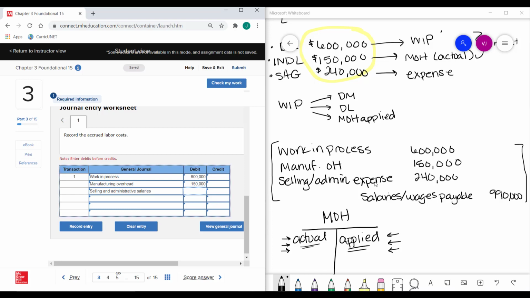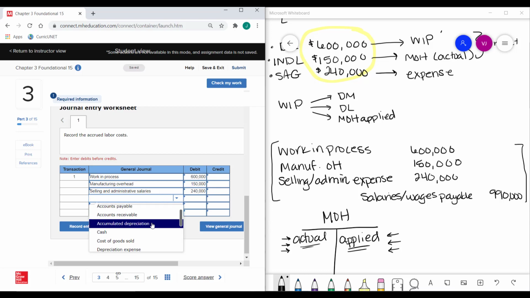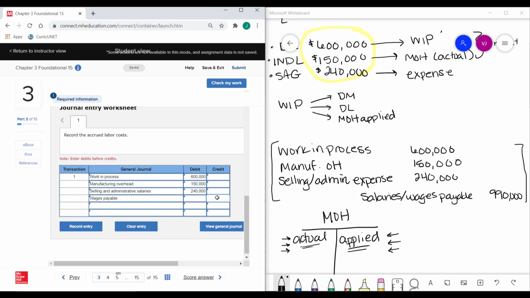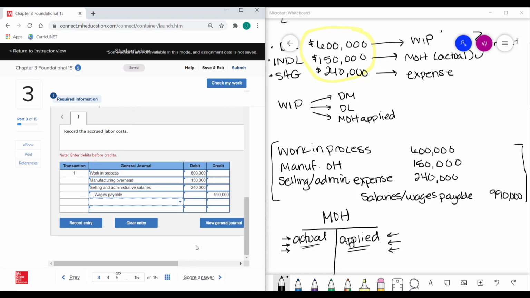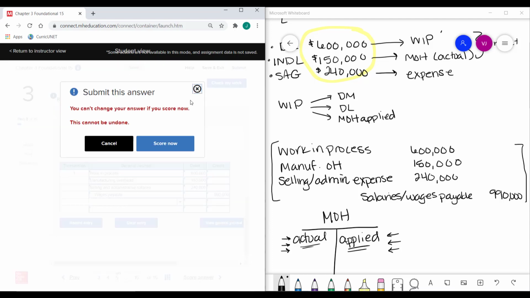I just tacked on the word expense there to clarify that it is an expense account. Okay, so we always debit our expenses, and then we will credit. Let's see what we have here that will match with salaries and wages payable. Looks like they just have wages payable here, so that's fine. So we'll just credit wages payable for $990. Okay, so let's score our answer.